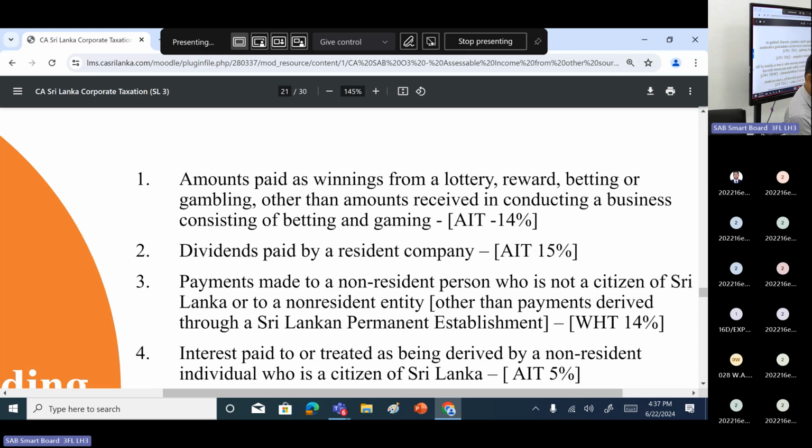If you want to make a payment outside Sri Lanka, it should go through a bank, right? At the remitting point, the bank requests you to provide the tax clearance. Tax clearance means the remitter has to get a direction from the Commissioner General on what the tax liability on that particular remittance is. Right, direction. First thing, direction. So as per the direction, the Commissioner will determine the tax rate. Whether it is subject to tax, yes. Okay, then what is the rate? Right?